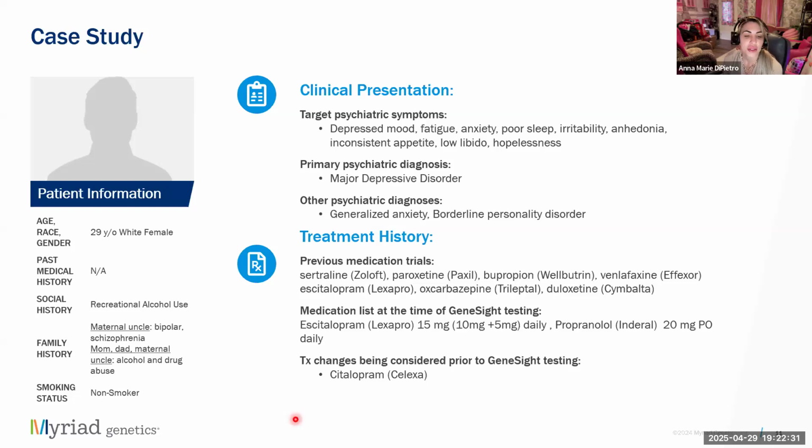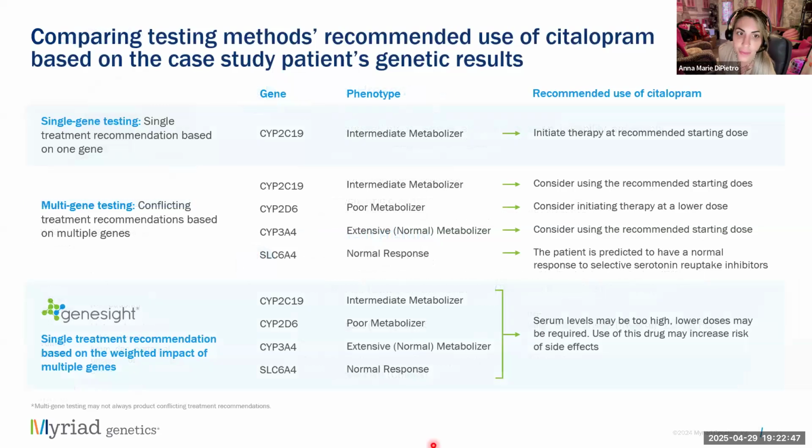So with doing the GeneSight testing, the goal was to look at, one, is citalopram a good choice by nature of the type of medication it is and its mechanism of action, and also how should we dose the citalopram. You can go to the next slide. So I mentioned I've done all 3 of these types of testing before.